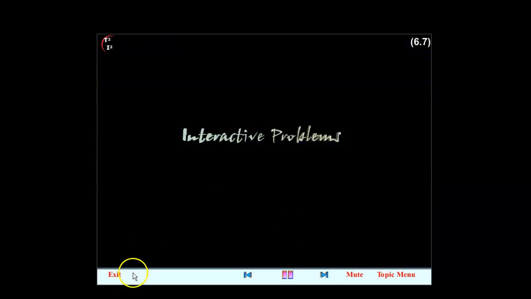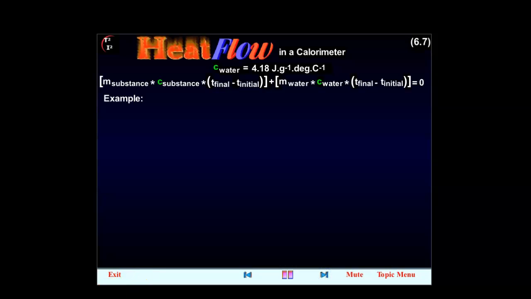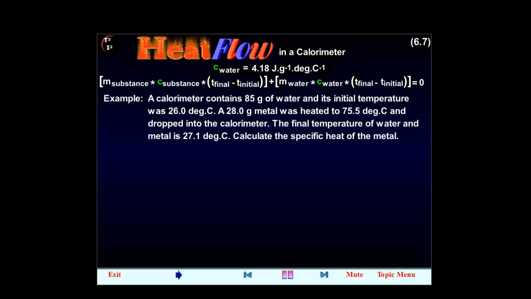Example: A calorimeter contains 85 grams of water and its initial temperature was 26.0 degrees Celsius. A 28.0 gram metal was heated to 75.5 degrees Celsius and dropped into the calorimeter. The final temperature of water and metal is 27.1 degrees Celsius.